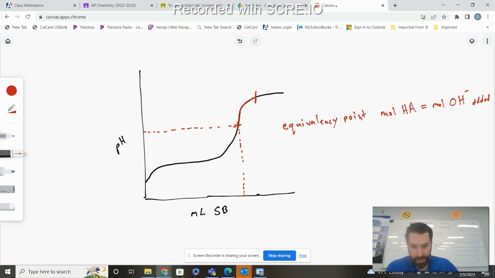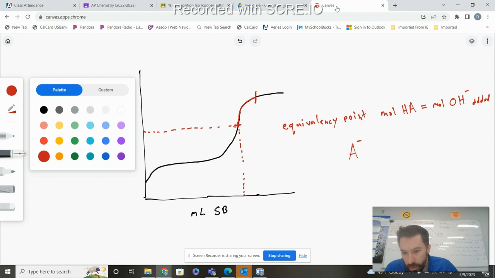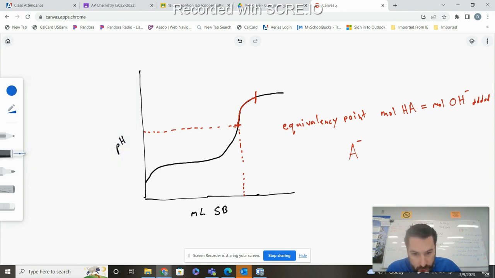So the only thing left in this part right here is A minus. And really, this is kind of the more interesting part up to about here. So A minus is what I mainly have right here.